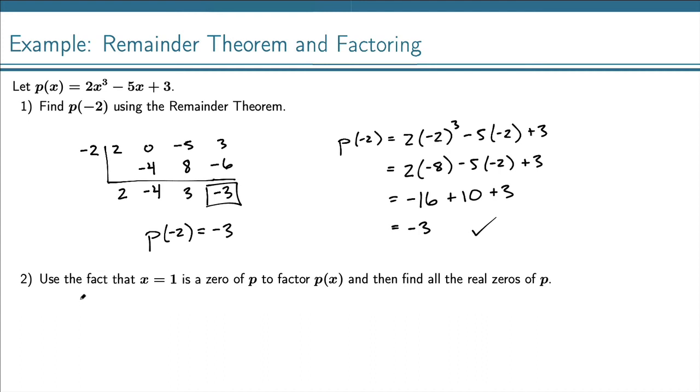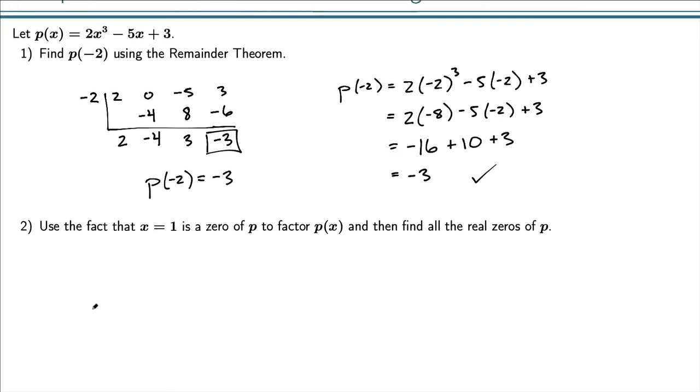All right. For number 2, use the fact that x equals 1 is a 0 of p to factor p of x and then find the real zeros of p. So, since x equals 1 is a 0 of p, I can divide out x minus 1 by doing my synthetic division. I've got my 1, and then my coefficients inside, 2, 0, negative 5, and 3.